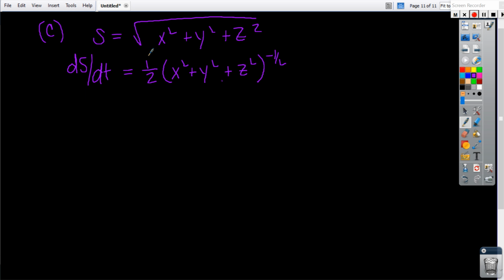So then I want to do times the derivative of x squared would be 2x dx/dt plus derivative of y squared would be 2y dy/dt. And then the derivative of z squared would be 2z dz/dt. And from here, it's a plug and chug just like before.